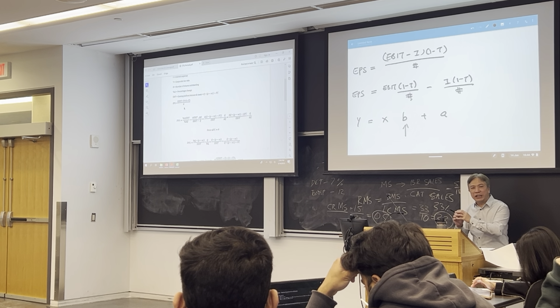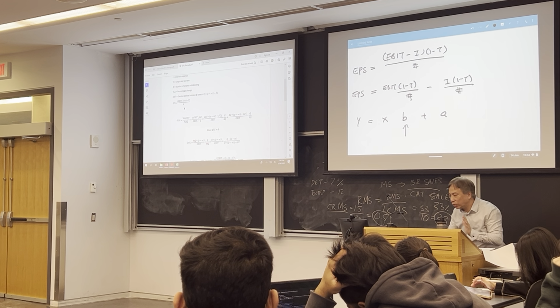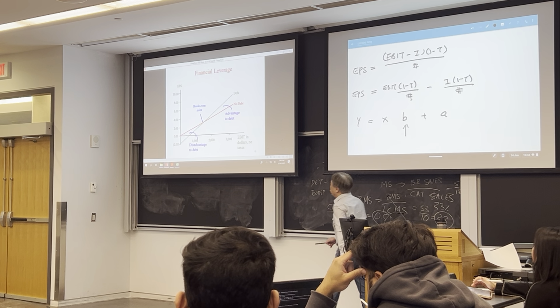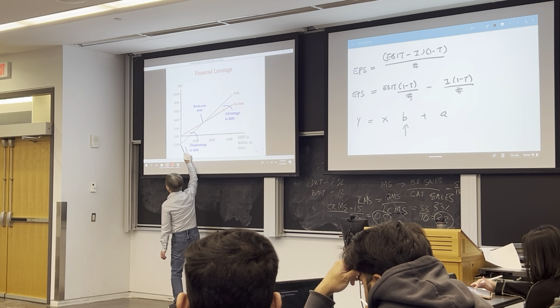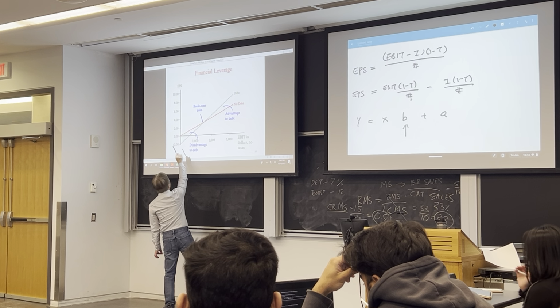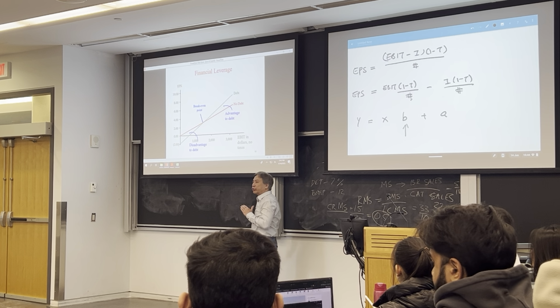When the denominator is getting smaller, the slope is getting bigger. That's why when a company uses debt, the green dotted line has a steeper slope. If the company does not use debt, the red line, then you have a smaller slope.